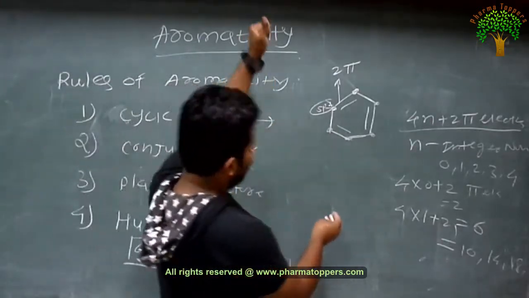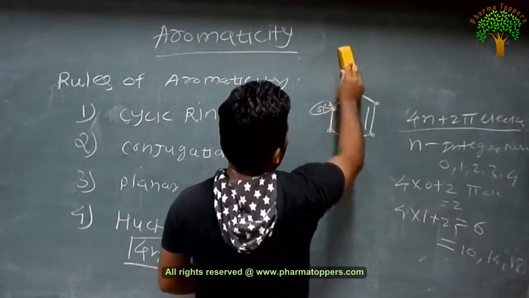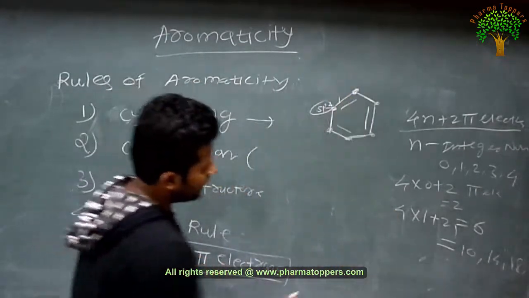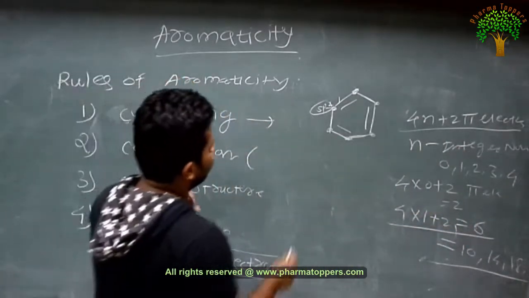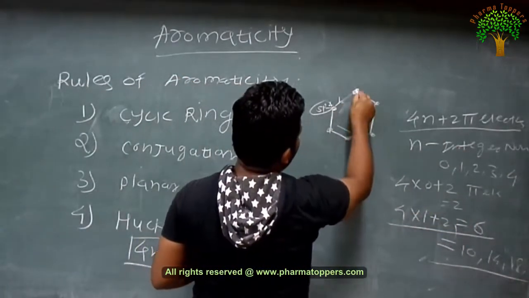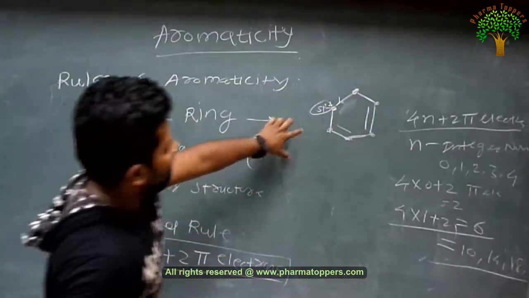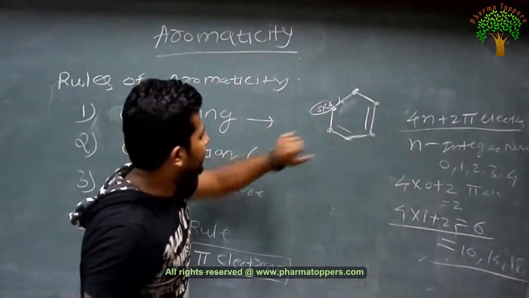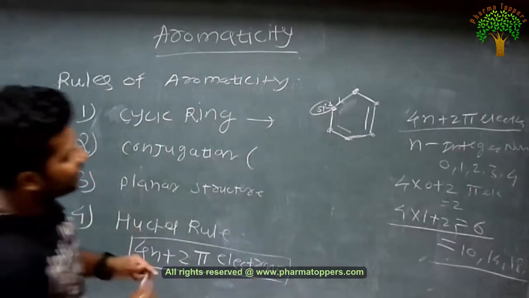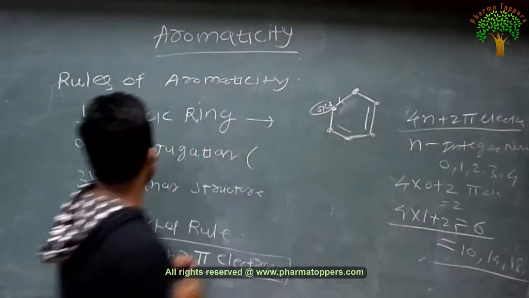But in some cases, if I remove this, it obeys the cyclic ring, yes, it is a cyclic ring. This is conjugation, yes, conjugation is present between these 4 carbons.